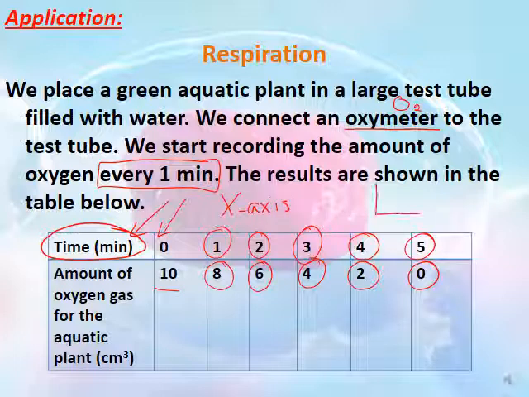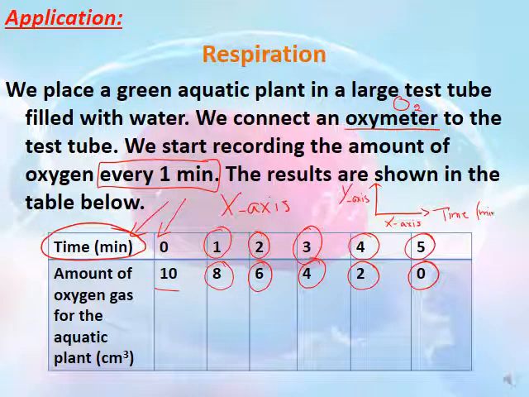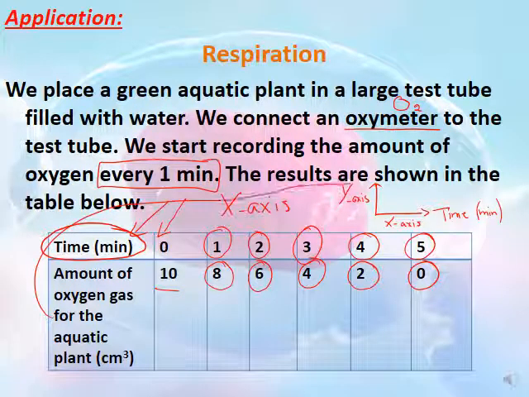So this is the x-axis and this is the y-axis. This is the x-axis, as we said before, and this is the y-axis. So always the one in the table above should be below in the graph. So here it should be the time in minutes. This is the title of the x-axis.